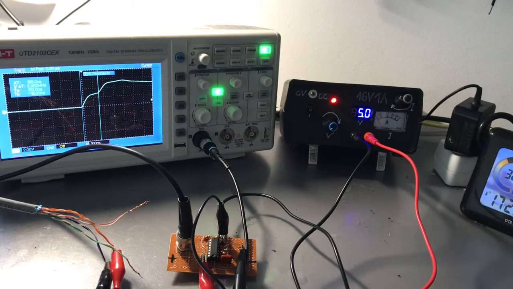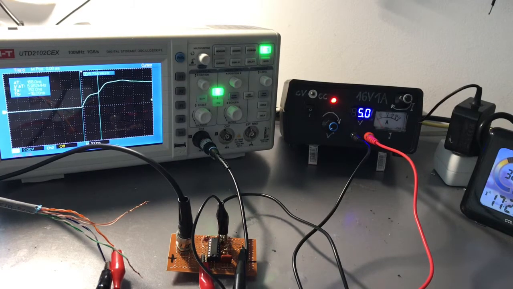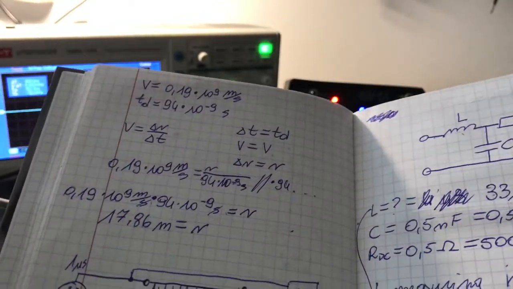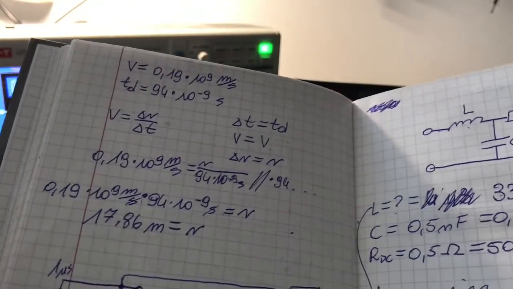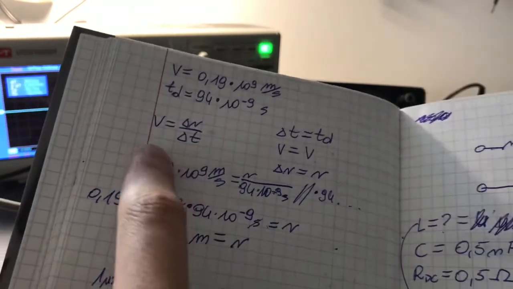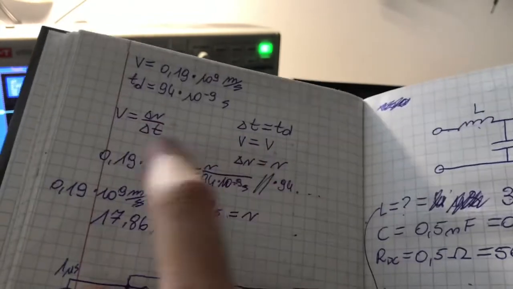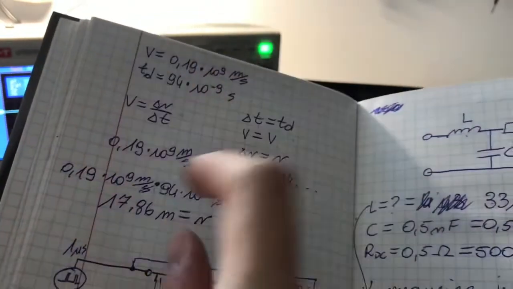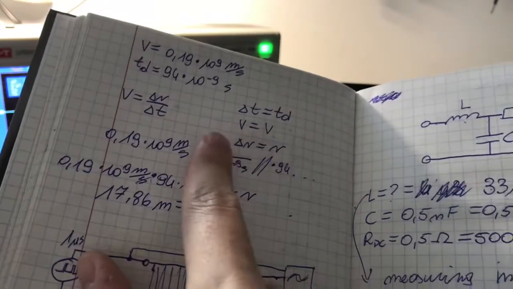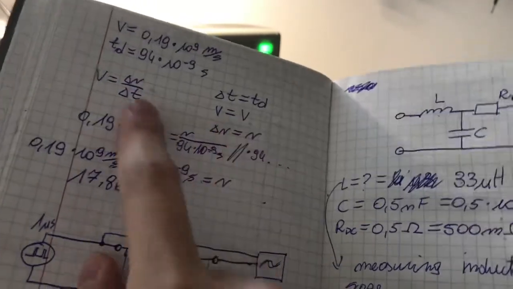Now, if I find the material from the last episode about transmission lines, which I have here, in order to calculate the length of the wire properly, we need to use the velocity. If we want to calculate the velocity, we divide the distance by time.